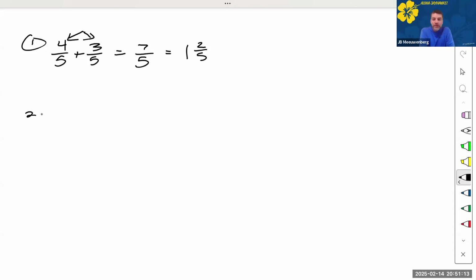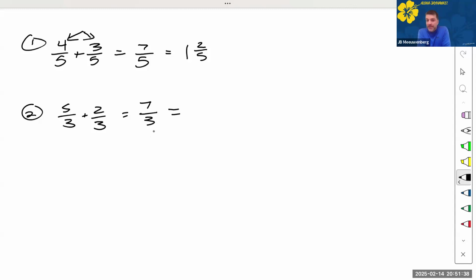Second one, go ahead and try this one. 5/3 plus 2/3. Again, when you add those fractions, you're adding the numerators on top, and you're counting how many thirds there are from that denominator. And so we have 7/3.